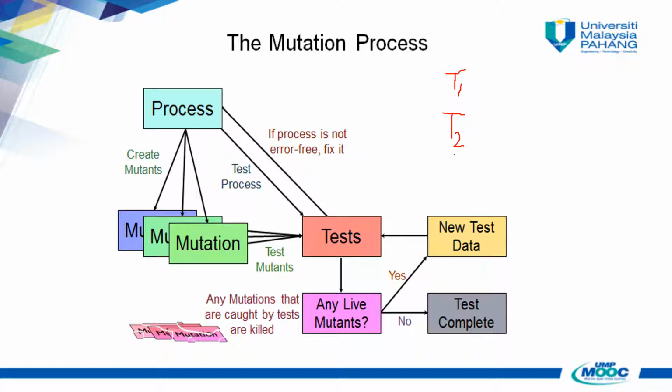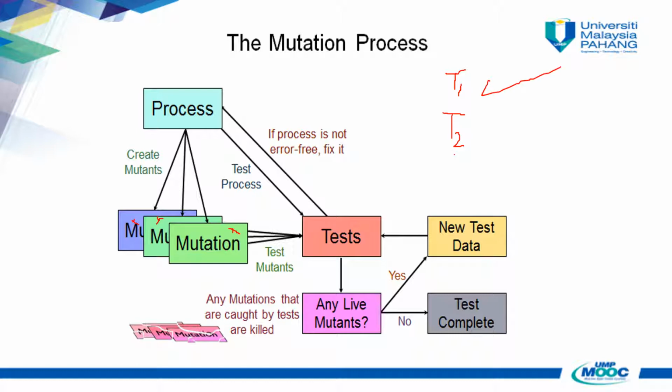Test case 1 is applied, and the original produces a result. The original compared with mutant number 1 is not the same, with mutant number 2 not the same, and with mutant number 3 also not the same. So all the mutants are killed, because they are not the same as the original, so I select test case 1. Test case 1 is adequate.